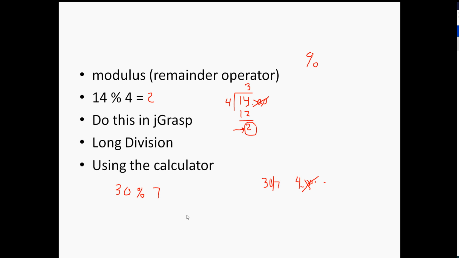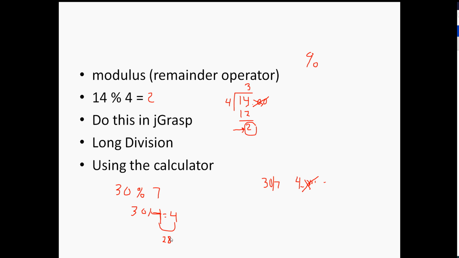So the division is 4. So 30 divided by 4 is, I'm sorry, 7, I messed that up, is 4. Well, then what you do is you take 4 times 7 and you get 28.